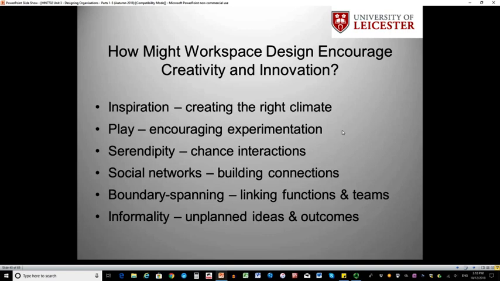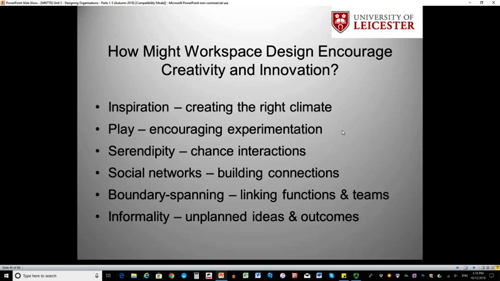So the right kind of workspace can create the right climate for inspiration. It can encourage experimentation through play, and I showed you the slide in relation to Lego, and so that playfulness can help us be more open to experimentation in the way that we think and undertake our activities, and the way that we look for solutions, and the solutions that we might think are appropriate.